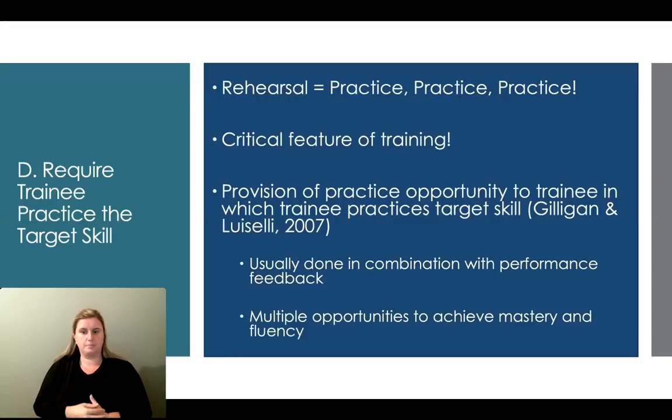It is usually done in combination with feedback. So as our paraeducators are practicing the skill, we also have to account for delivering immediate feedback following their performances. And of course, it is not one trial. There may be learners that are one-trial learners.